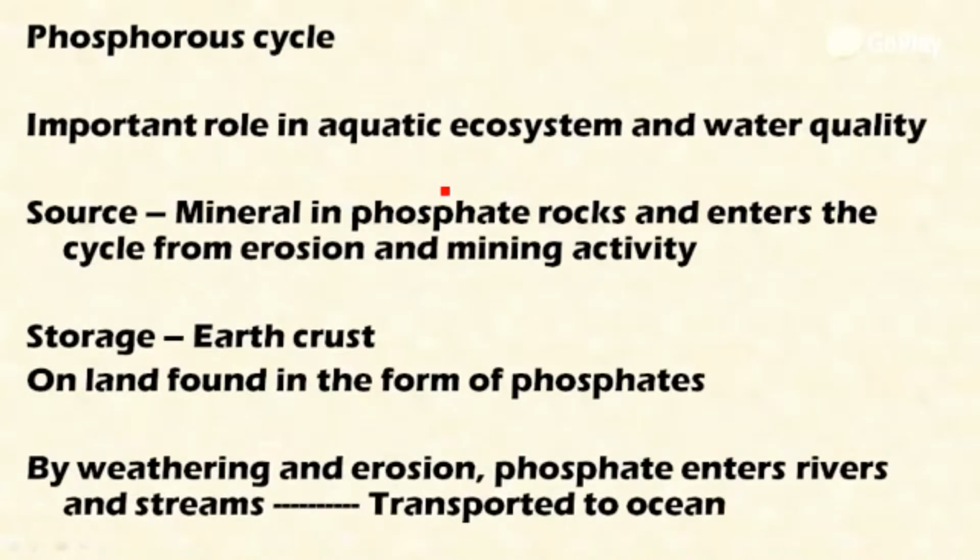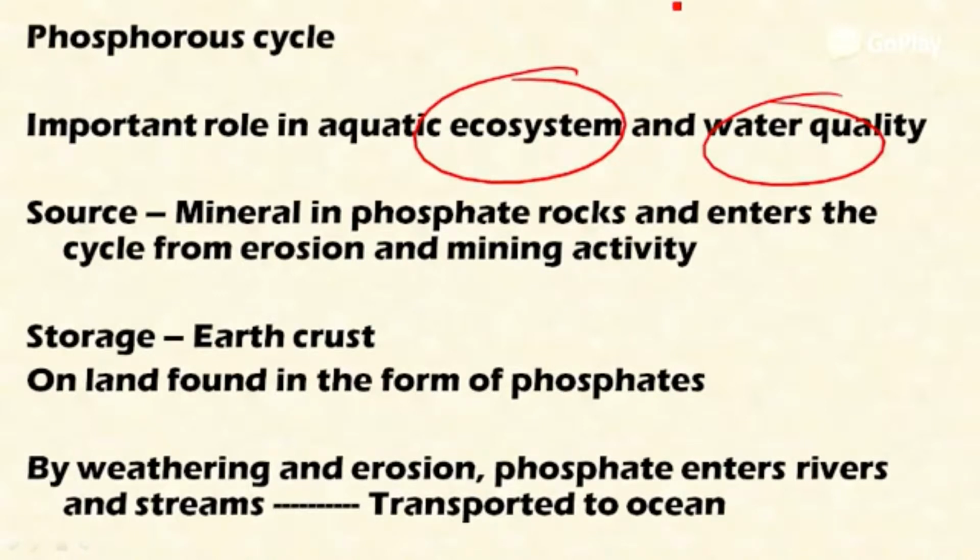The first thing is the phosphorus cycle. Phosphorus has an important role in aquatic ecosystems and water quality. If phosphorus is present in more than the required proportion in a water body, for example in a lake, it may lead to an unstable situation and it acts as a pollutant.